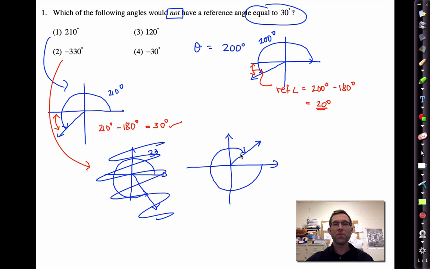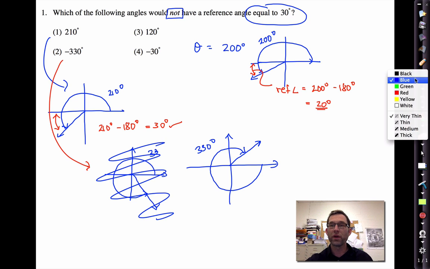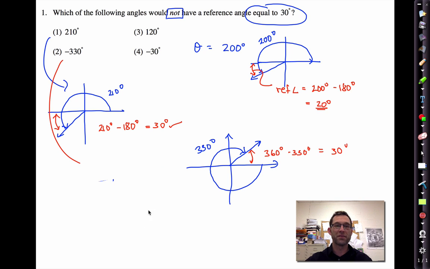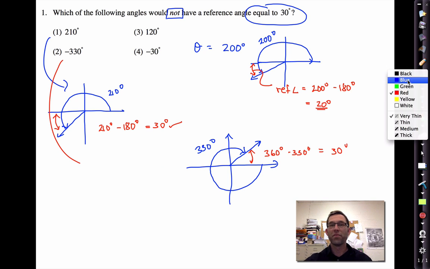Now keep in mind that negative 330 just tells you the direction you're going. So I'm going to leave it off right here. From an absolute value, that's 330 degrees. And again, the reference angle here would be 360 minus 330, which would again be 30 degrees. Let me get rid of all of this. Sorry about that mistake.